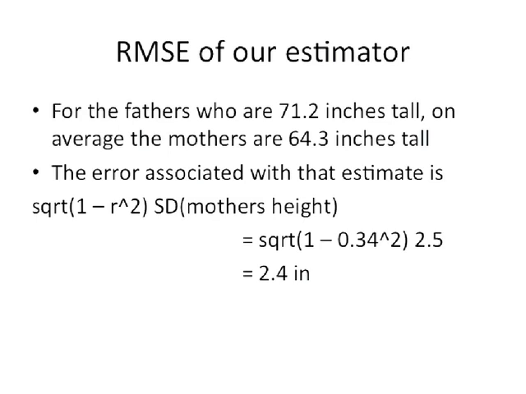Well, that's the square root of 1 minus r squared times the SD of the mother's height, which is about 2.4 inches. So overall, the spread for all the mothers is about 2.5, and this says that even when we know the father's height, there's still a lot of deviation from the average mother's height.